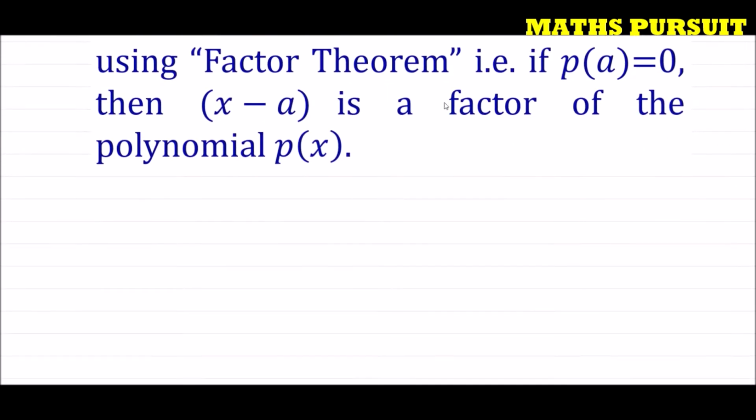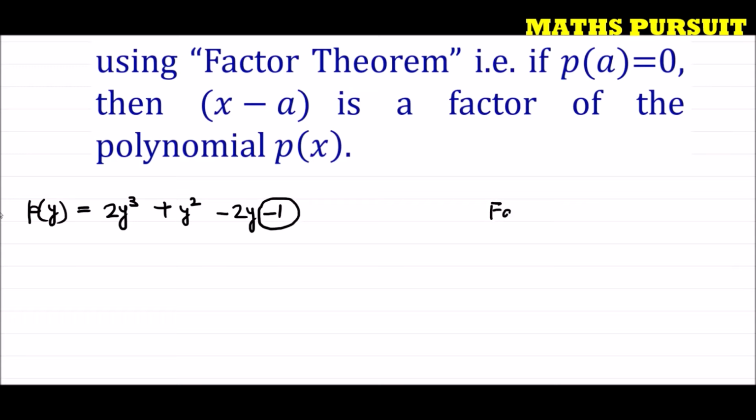The polynomial that we have here is p(y) = 2y^3 + y^2 - 2y - 1. This is the polynomial we have. Now let us find out the factors of the constant term.